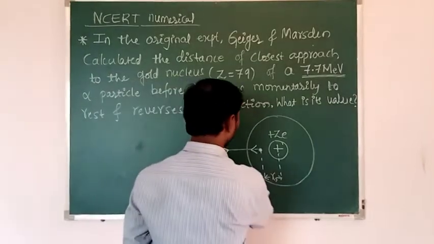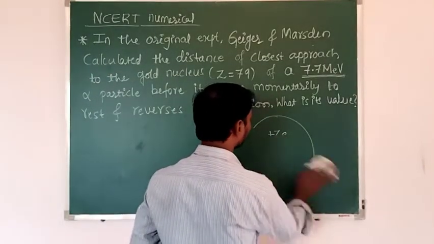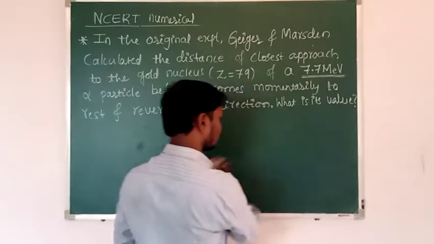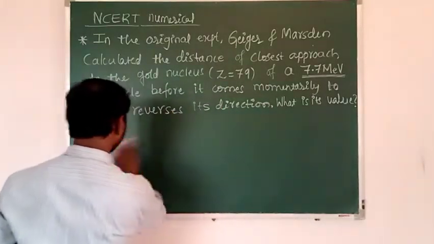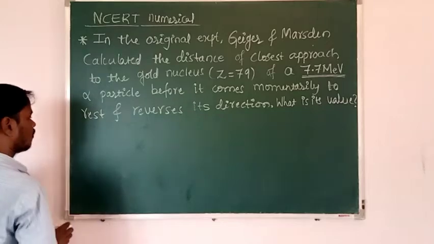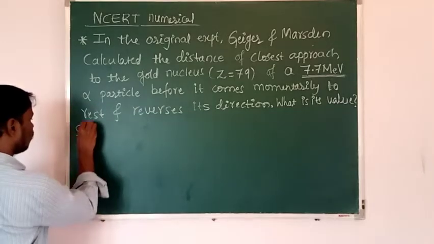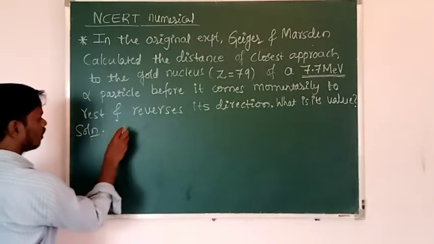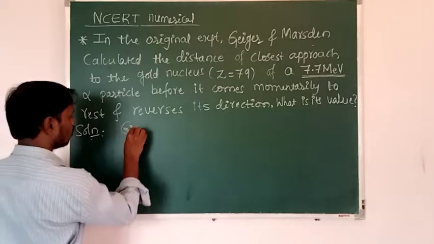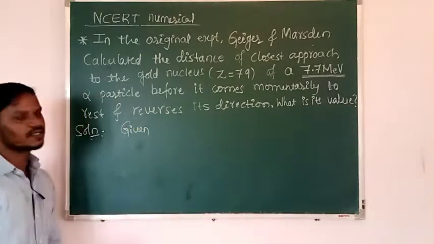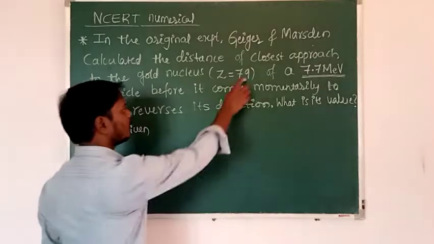Okay, so already you know what the formula for the distance of closest approach is. First we are going to write the given values. Solution. Given: the number of protons present in the gold nucleus is 79.